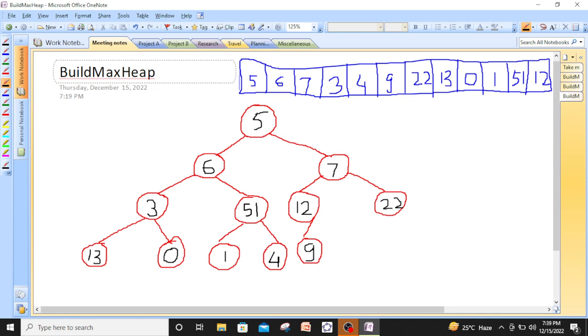You see I have interchanged. Now the next node to be max heapified is 3.